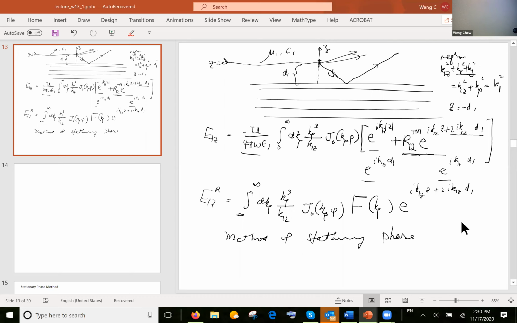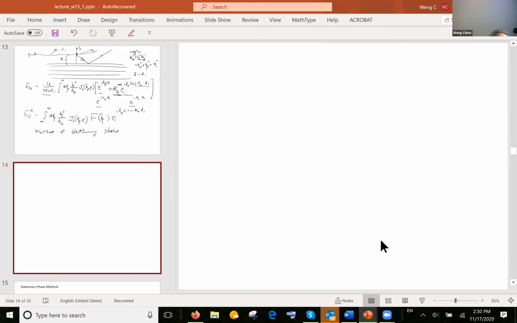What this method does is that it is better to use the Weyl identity, reverse this integral summation, and write this as a Weyl identity kind of thing.